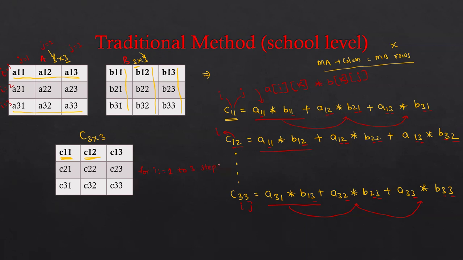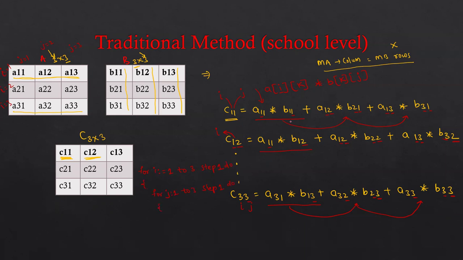Like that you are jumping. So step is 1. Okay. For each I value, J value is counting from 1 to 3 again. For J equal to 1 to 3, for each step, I am jumping only 1.